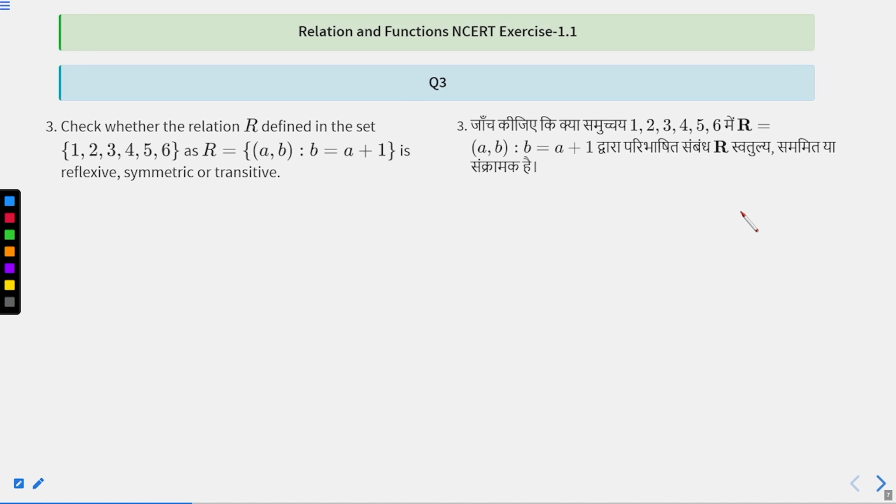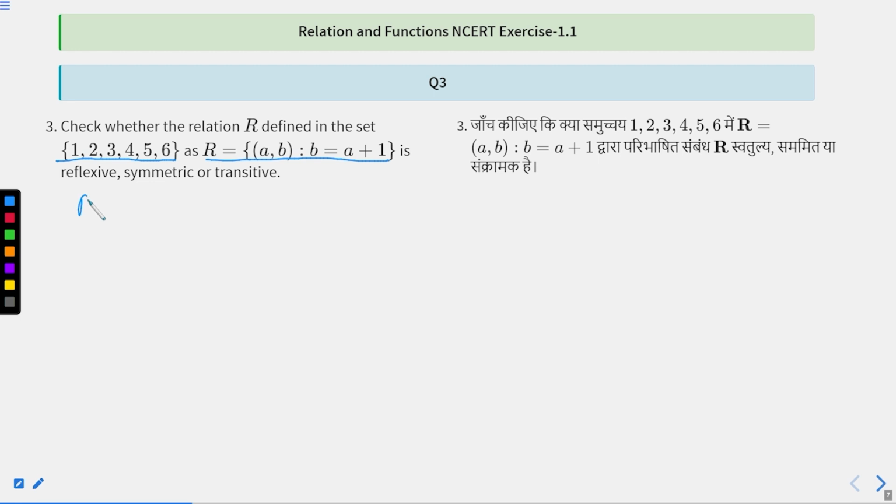Okay, let's move to the next question. Now check whether the relation defined on the set {1, 2, 3, 4, 5, 6}, where the relation is the pair (A, B) such that B equals A plus 1, is reflexive, symmetric or transitive.